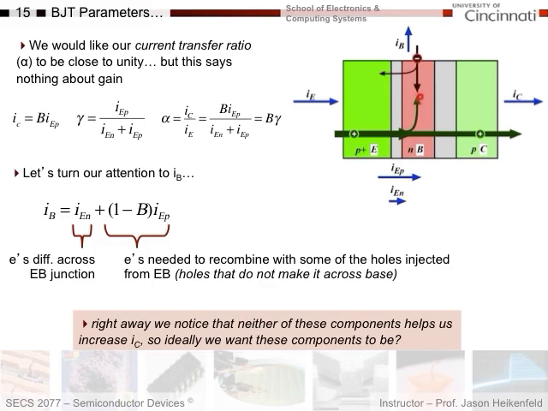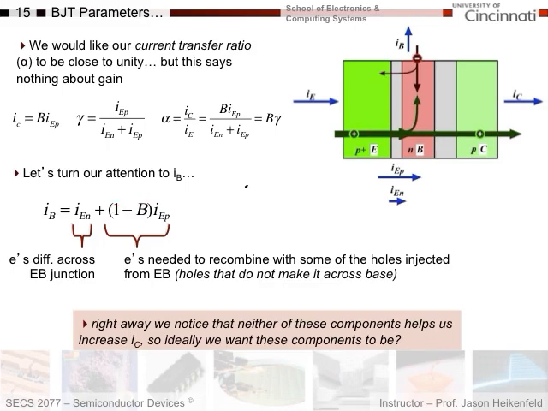Well, this is easy to calculate. If the holes that make it across are IEP times the base transport factor, then the holes that don't make it across would be IEP times 1 minus the base transport factor. Think about it this way.